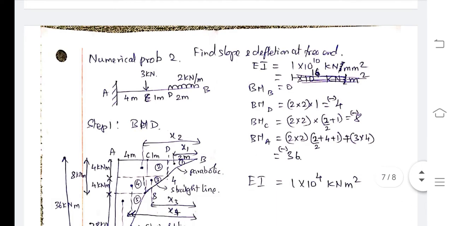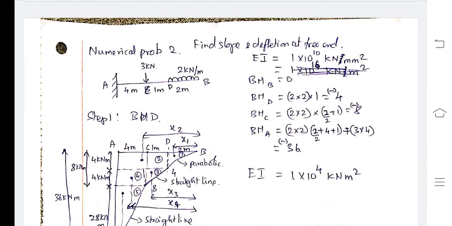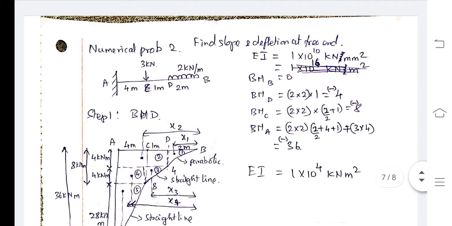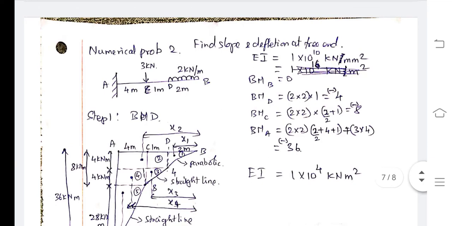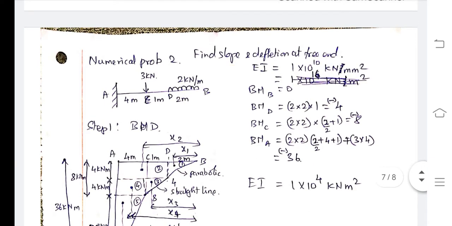So next problem. I have started with another problem. This is the same problem I gave as an assignment in the Macaulay method. So it can be solved in the moment area method very easily. You can see that this is a cantilever beam and you have to find the slope and deflection at the free end.